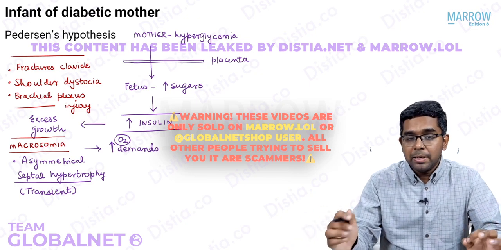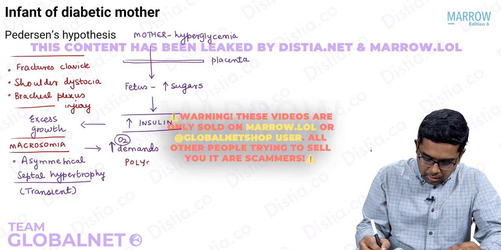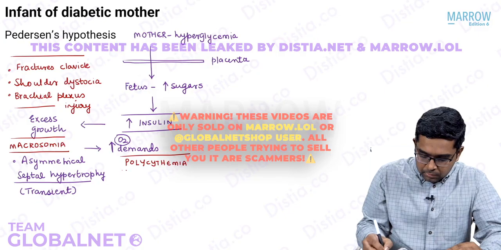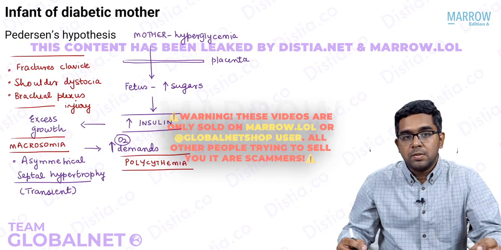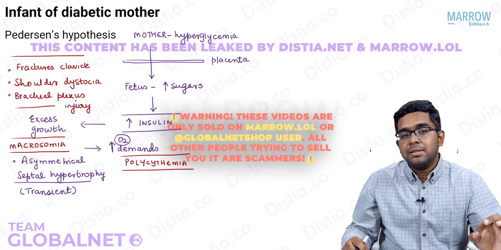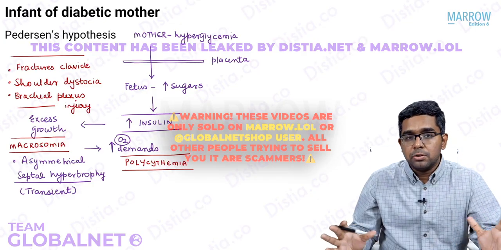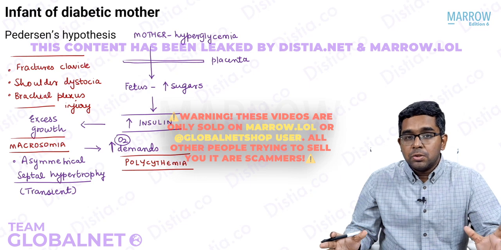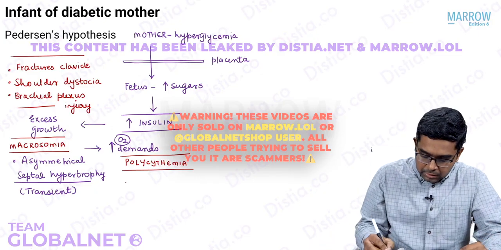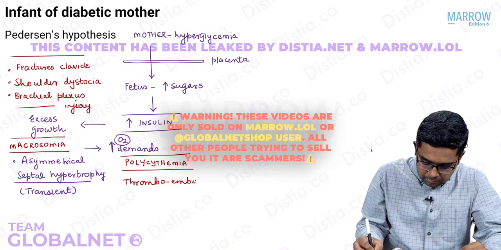So this condition will be accompanied by polycythemia, which is excess of RBCs. Yes, this is due to increased oxygen demands because of a big baby. Now whenever there is polycythemia, it means that there are a lot of RBCs in the circulation. So definitely the circulation is not going to be smooth. Instead, it is going to predispose the child to develop thromboembolic manifestations. The next important problem is thromboembolic manifestations.